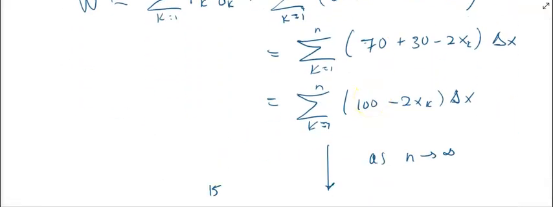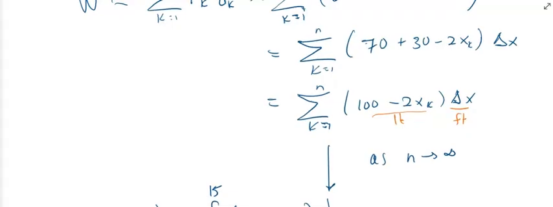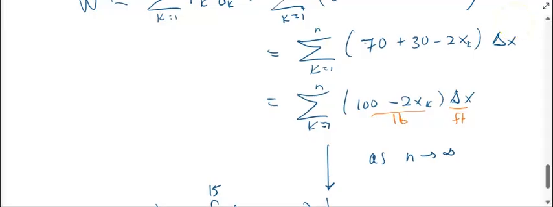So the force function was in pounds. The units on delta x, that's feet. So we get pounds times feet, which is foot-pounds. We usually call it foot-pounds, not pounds-foot. So our units work themselves out.